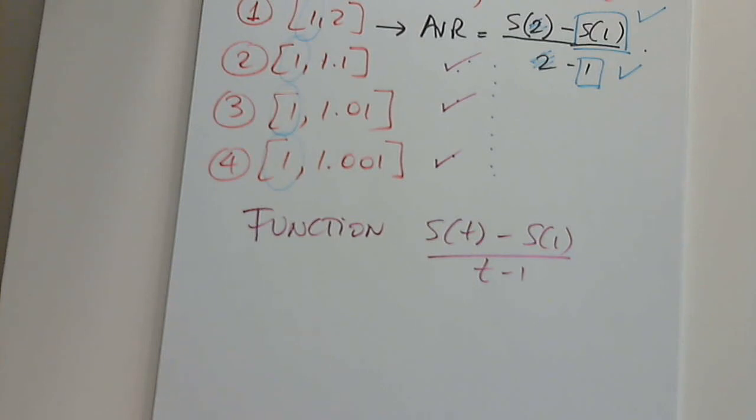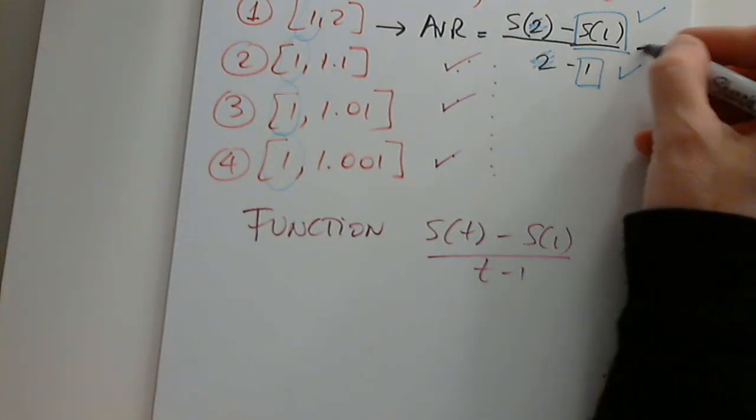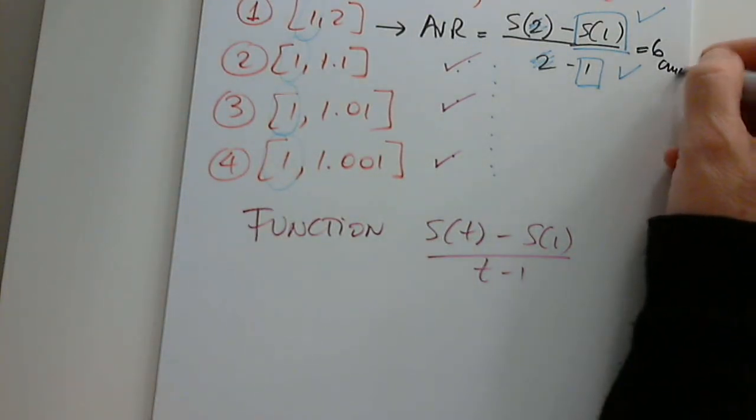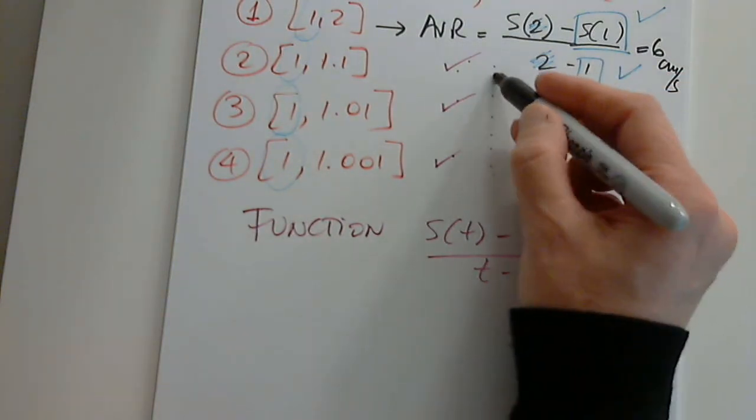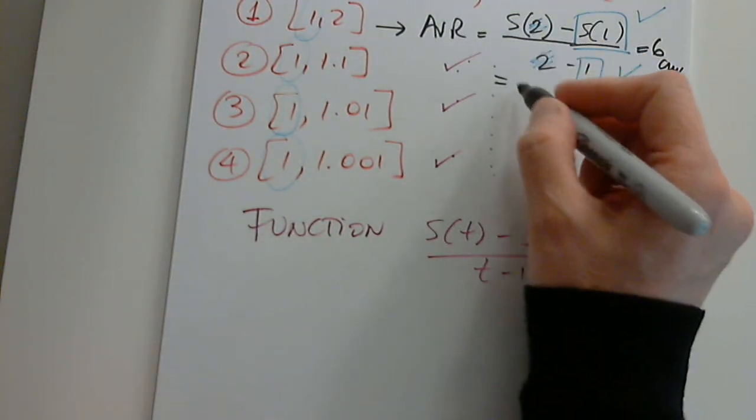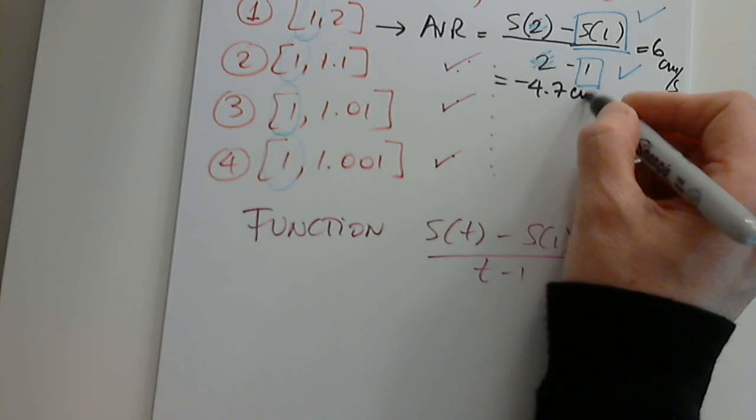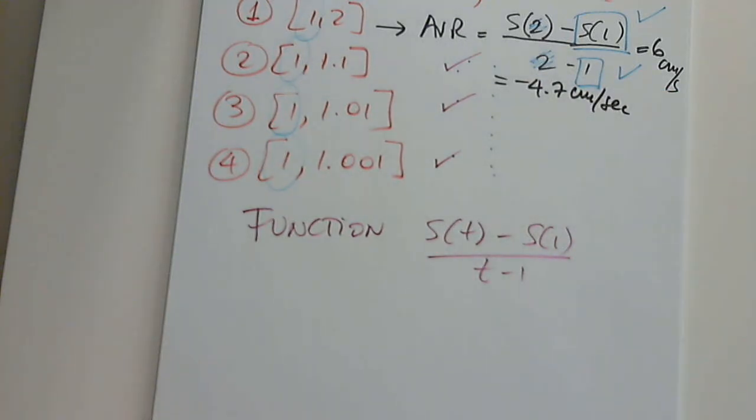So I'm going to write these numbers. So the first one is 6 centimeters per second. The second one is -4.7 centimeters per second, which only means the direction of the particle. It does not mean that the speed is -4.7. It just tells us that if it goes in this direction, this speed will be positive.